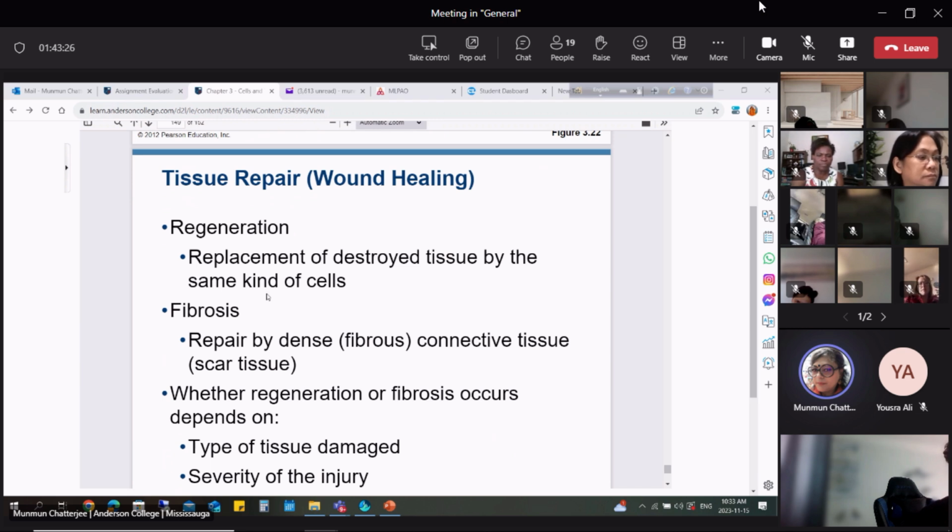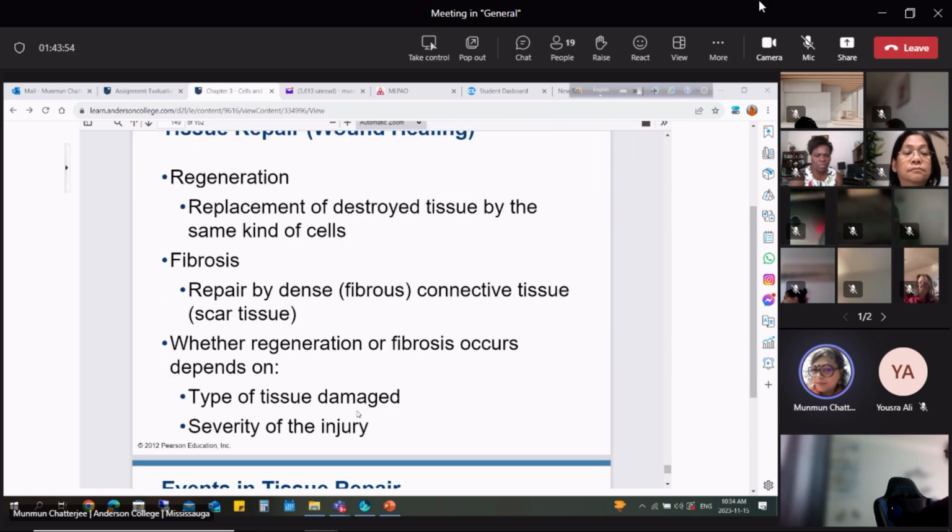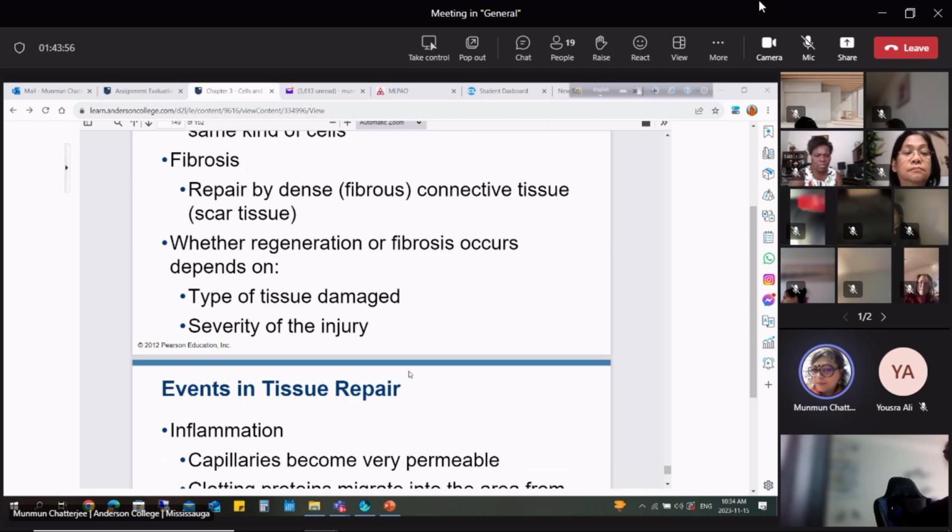One is regeneration, replacement with the same kind of cells. The other is fibrosis, repair by connective tissue. So it's not only the cells, it's a tissue. That's why it forms the scar tissue. And the regulatory factors depend upon the type of tissue damage and the severity of the injury.